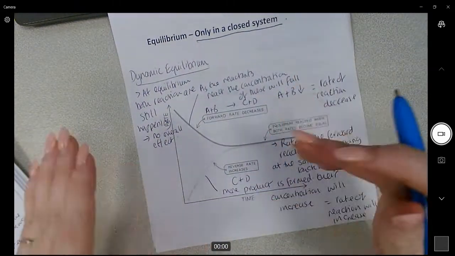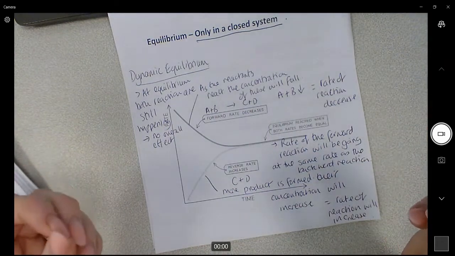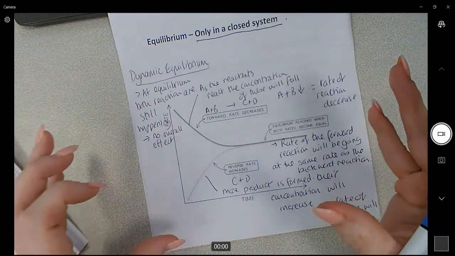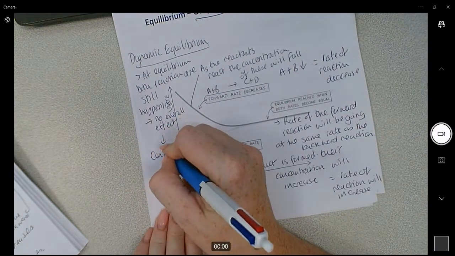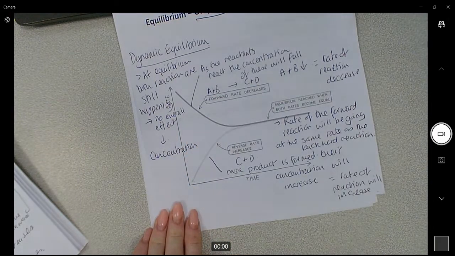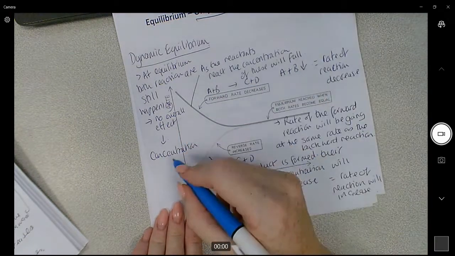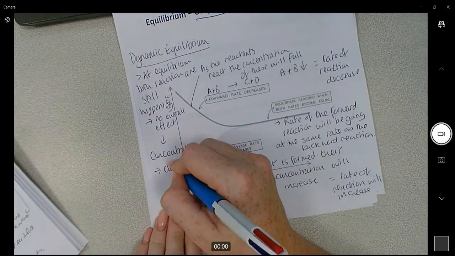Now, there's a couple of things that affect dynamic equilibrium. So they are concentration. Okay, so the concentration of reactants and products can affect the dynamic equilibrium. And we need to ensure that it's a closed system.